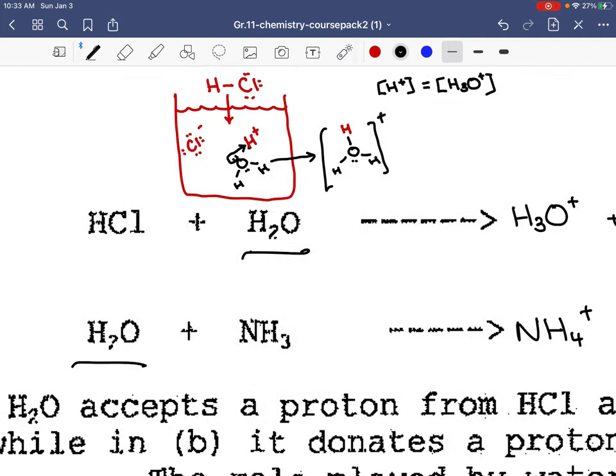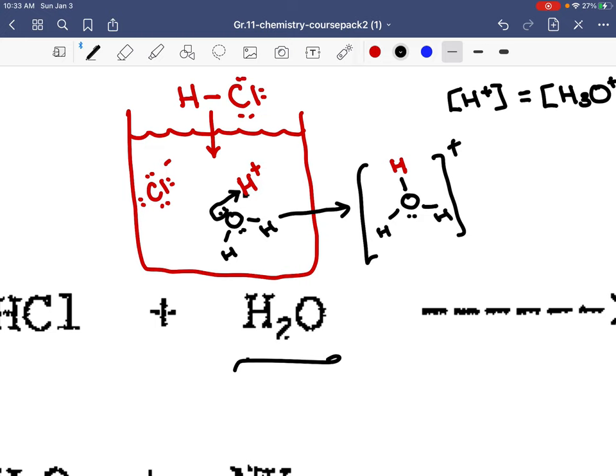In this reaction right here, we know that HCl is an acid because it donates a proton. But water is actually acting as a base. Because what did Bronsted and Lowry say about a base? Yeah, a base is a proton acceptor, right? Isn't it acting as a proton acceptor by accepting this proton?